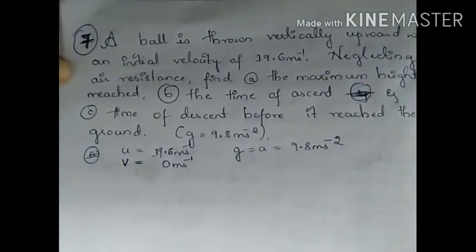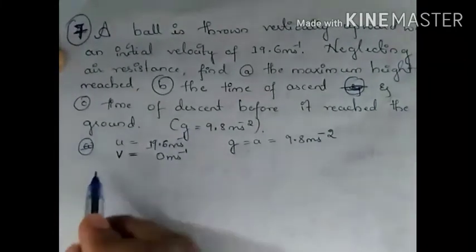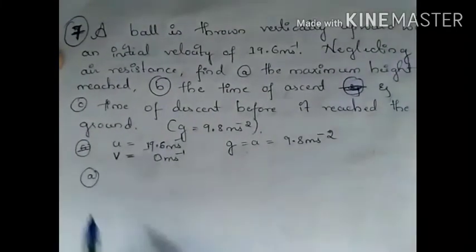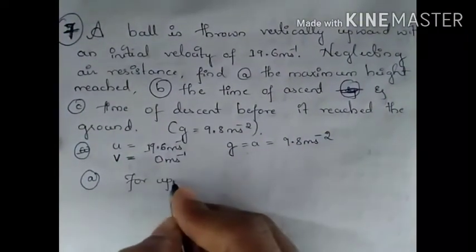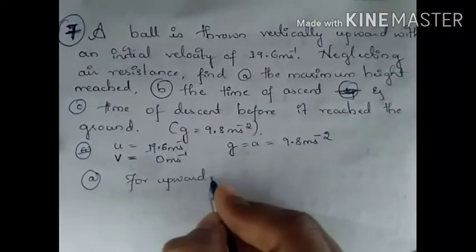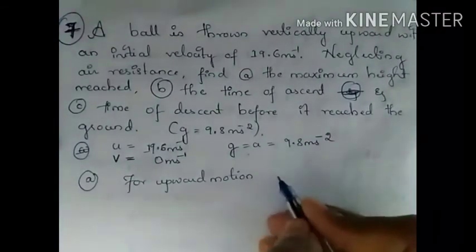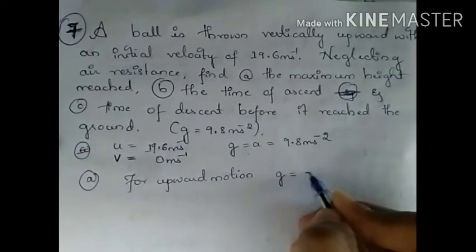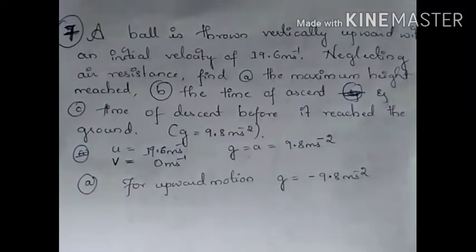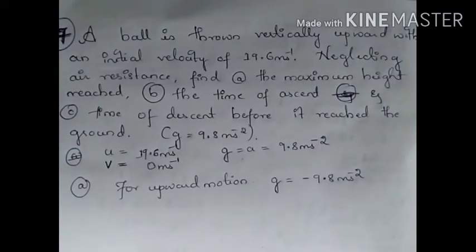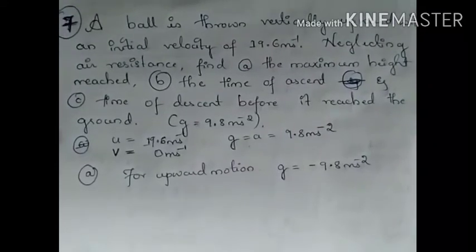For the maximum height in part A, for upward motion, g will be minus 9.8 meters per second square because the ball is traveling against the acceleration due to gravity.